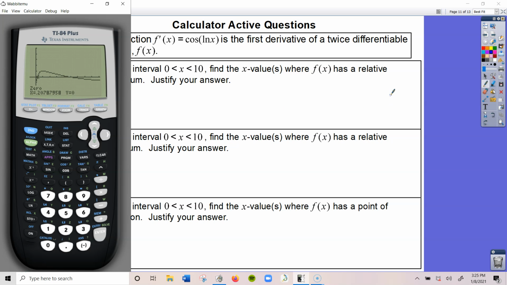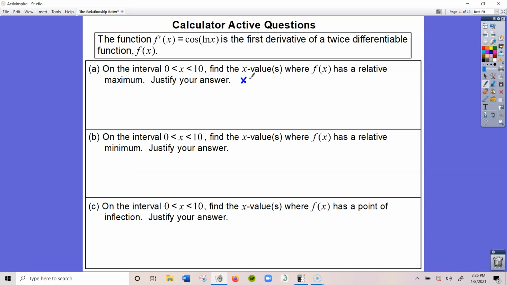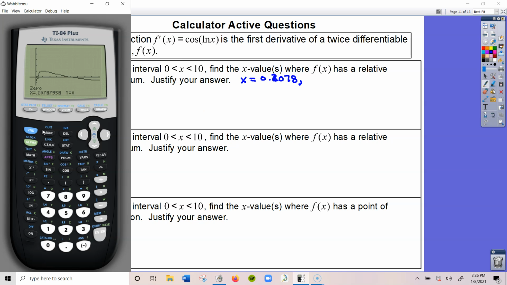So I'm going to write that down. And then now I'm going to find my other x-intercept. So now I'm going to go to the left of that one.